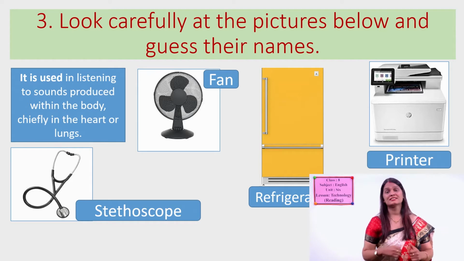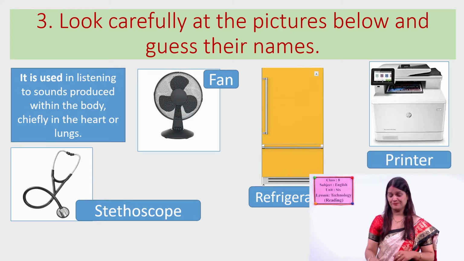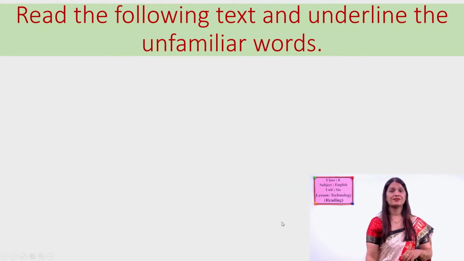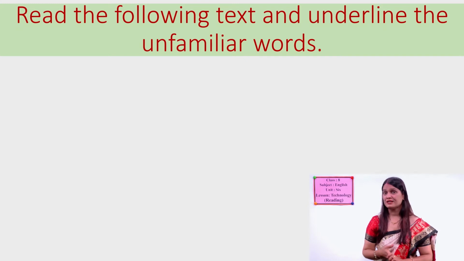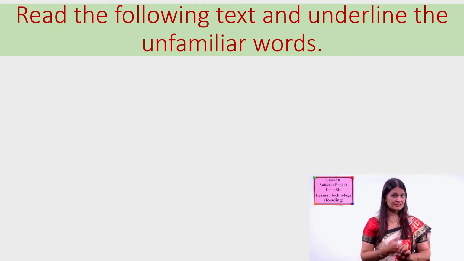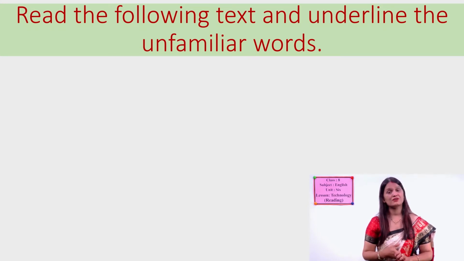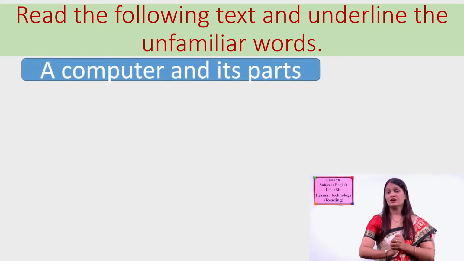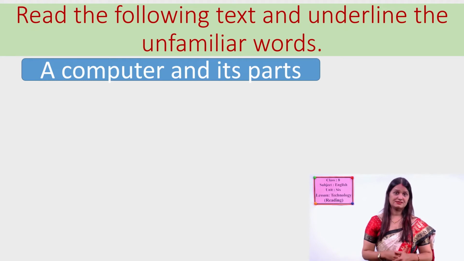So now let's start our text now. Read the following text and underline the unfamiliar words. Okay, you are reading your book now. Okay, Unit 6, I already told you, technology we are reading. You are reading about computer, okay? A computer and its parts. We are reading about this today, okay?